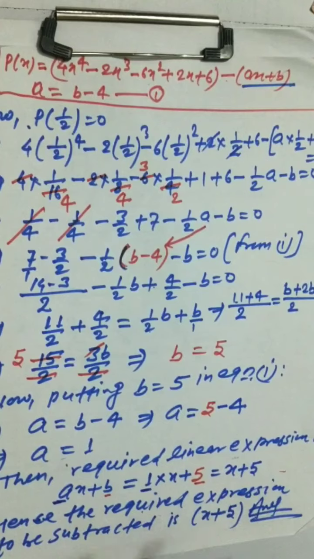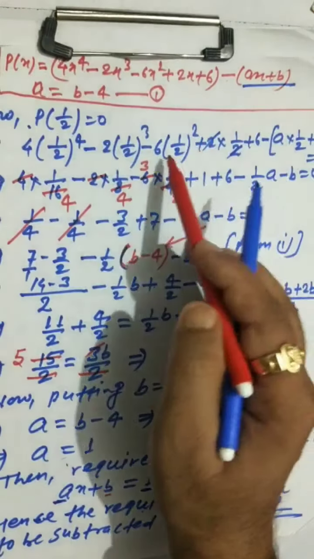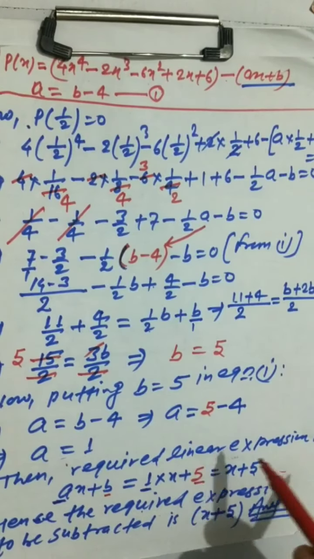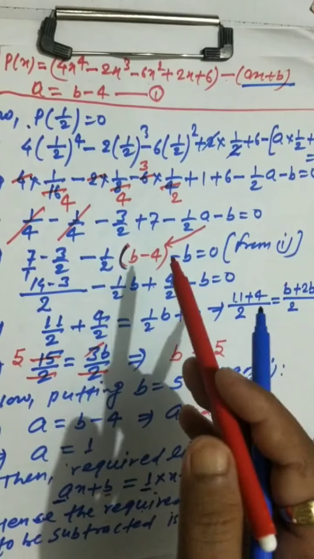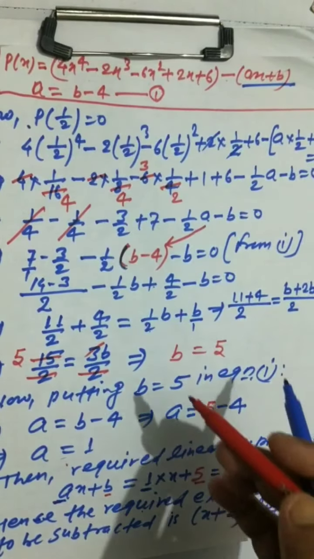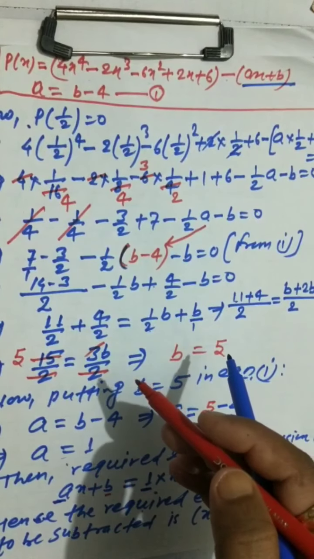Hence the required expression to be subtracted from this polynomial is x plus 5, and then after subtracting we can verify that it will be exactly divisible by gx, that is 2x square plus x minus 1 से वो पूरा कट जाएगा.